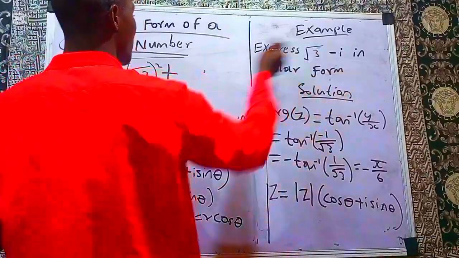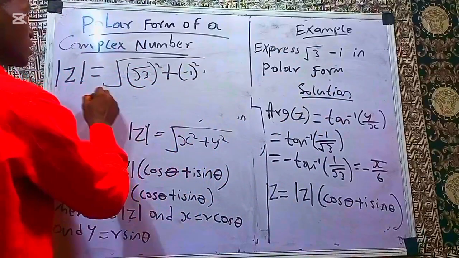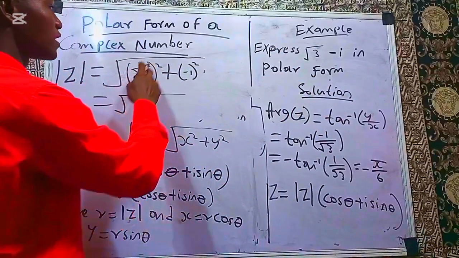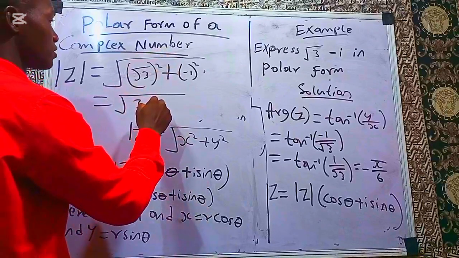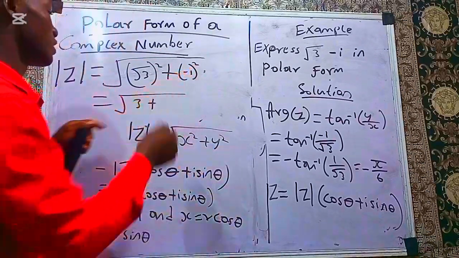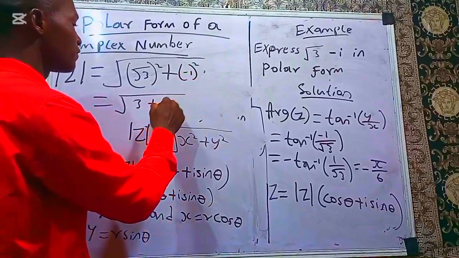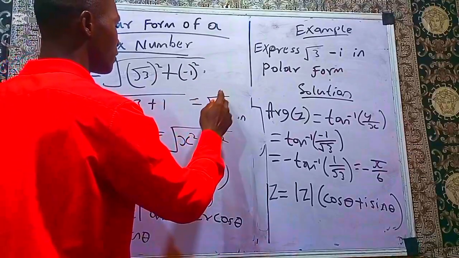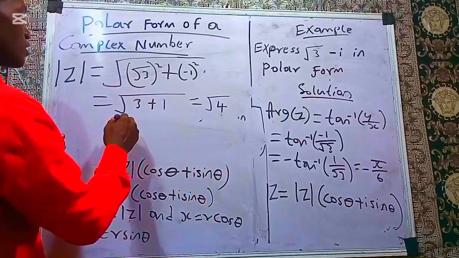What's the imaginary part? The coefficient of i. That's -1 squared. So this will be the square root of: square root of 3 squared, the square root will cancel the square, we have 3, plus -1 squared, which will give you +1. So 3 plus 1 will give you 4. So we'll have the square root of 4. What's the square root of 4? 2.